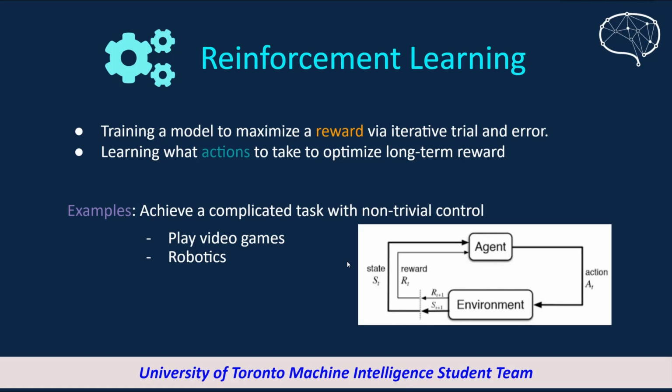Usually, you don't have a straightforward control. Instead, you may have a discrete or a continuous action space, as we call it. In this way, supervised or unsupervised learning cannot better manipulate this robot, or in general the agent, to complete a very complex task. So we will use this reward to train this agent to achieve its task.